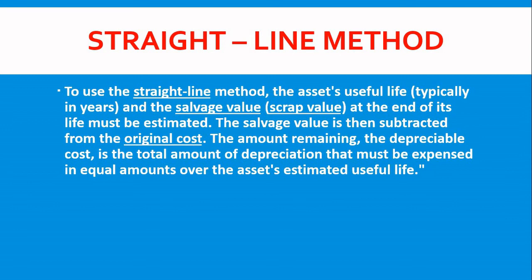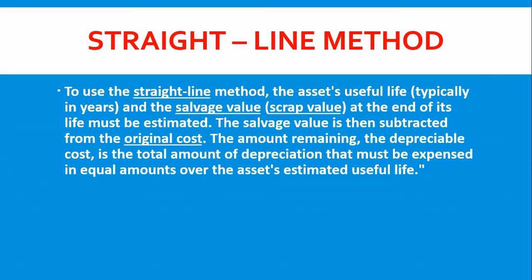It is also known as original cost method and fixed installment method. These are two other names. This is the earliest and one of the widely used methods of providing depreciation. This method is based on the assumption of equal usage of the asset over its entire useful life.